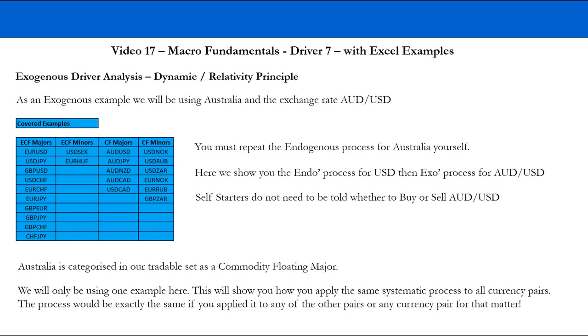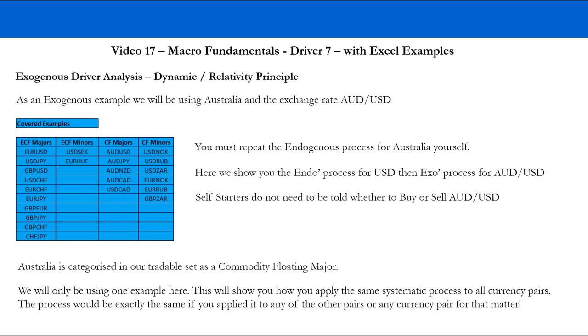Now, one thing we've got to cover here quickly is something that we've touched on earlier in the video series on a couple of occasions, which is that with an exchange rate, you can't basically buy another currency without selling another first. It's very important to know that and remember it when we're going into the exogenous analysis, because in the endogenous analysis, we're looking at a currency in its entirety. Now the dynamic relativity principle applies.